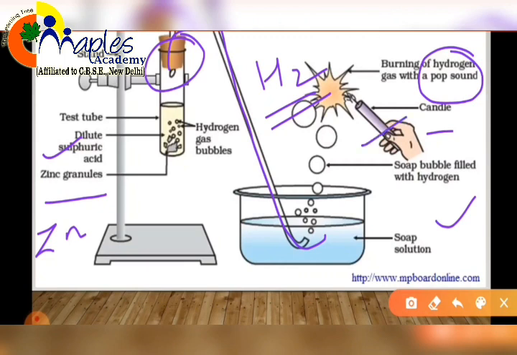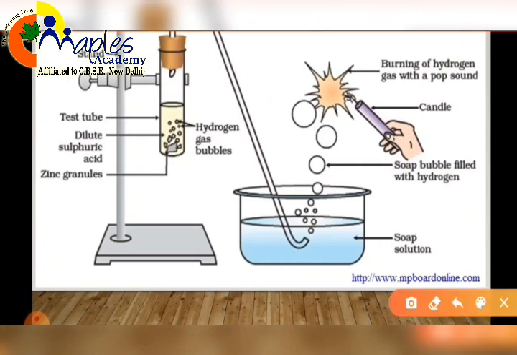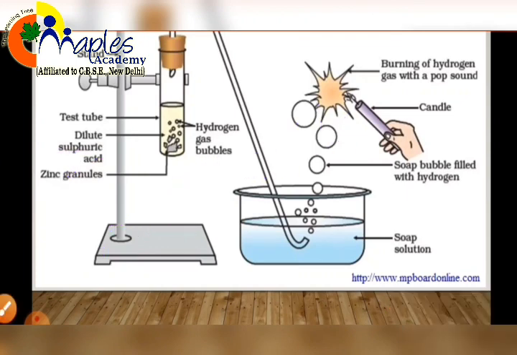We can use a burning candle as well as a burning matchstick. The pop sound indicates the evolution of hydrogen gas when a metal reacts with an acid. From this we can conclude that hydrogen is common to all acids. Clear?